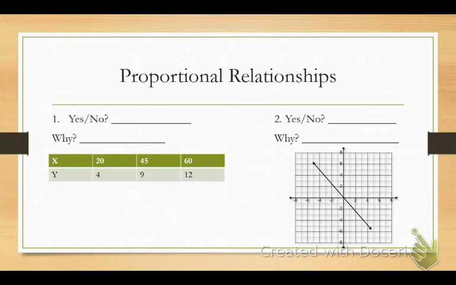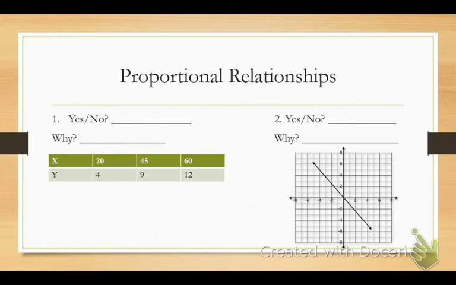Proportional relationships. Let's look at the graph first. I want to look at number 2 first. Does anybody remember the one criteria for determining if a graph shows a proportional relationship? It's when the x value is 0.